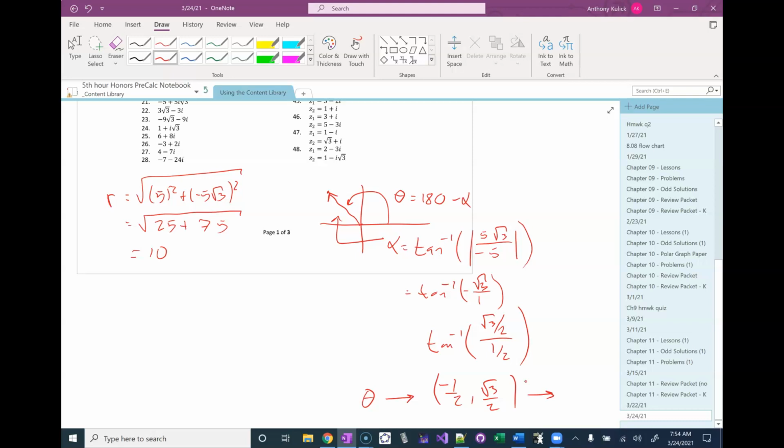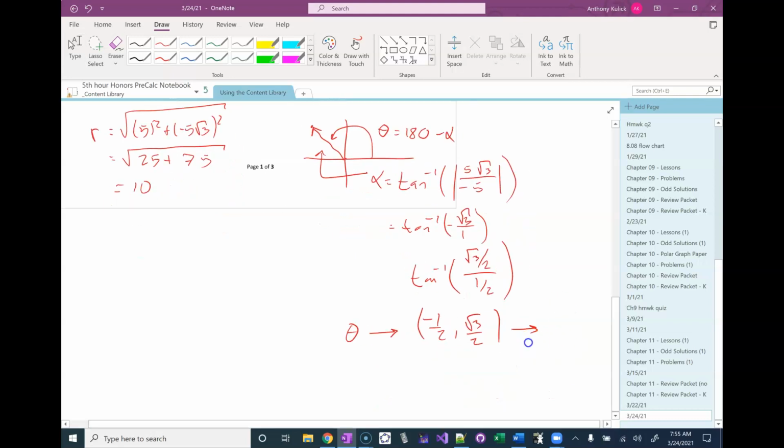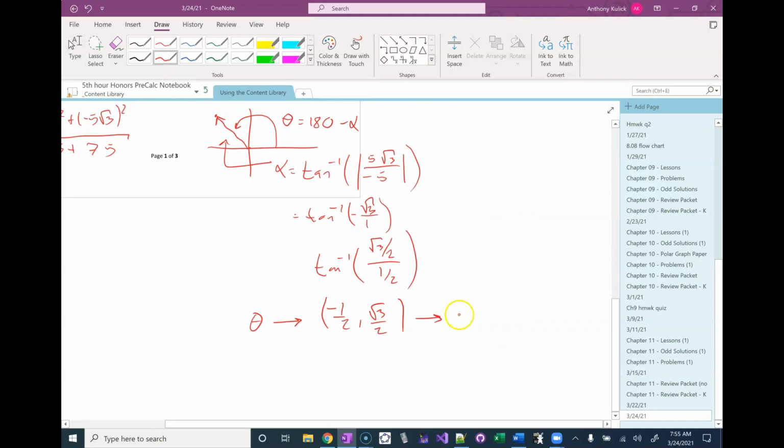Oops. So it should be 120 then. So that's 120 degrees, or in radians, what is that? That's 2 pi over 3, I think.